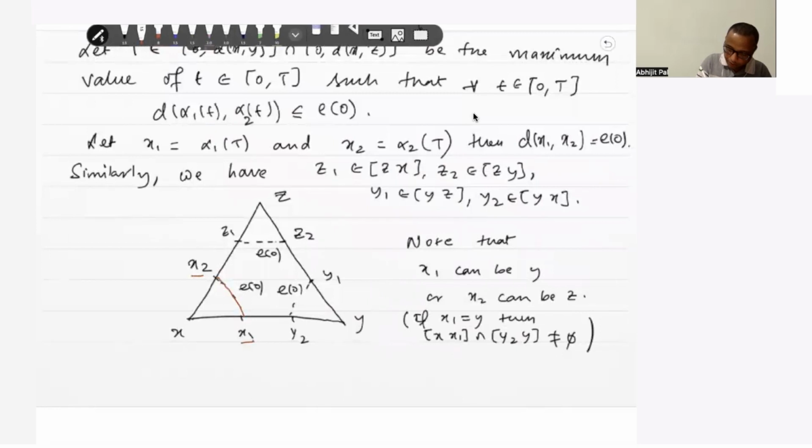For Y also we get points y1 and y2 such that this distance is exactly equal to E0. And for the other vertex Z, there will exist points z1 and z2 such that the distance between z1 and z2 is exactly equal to E0.